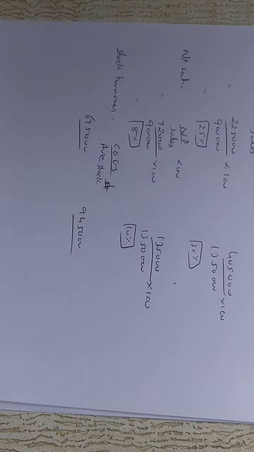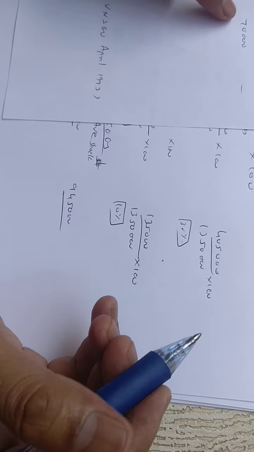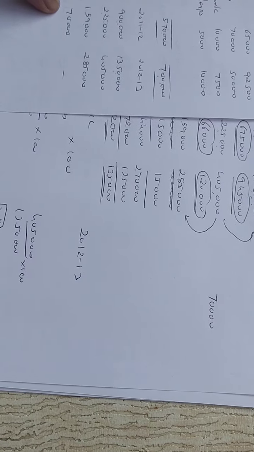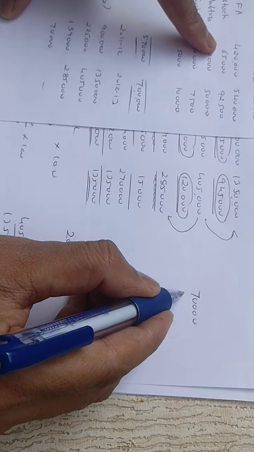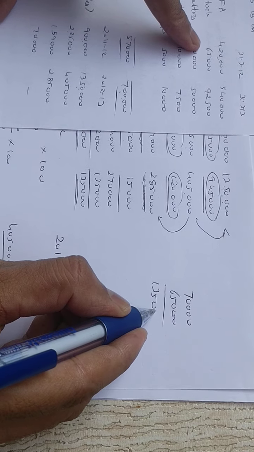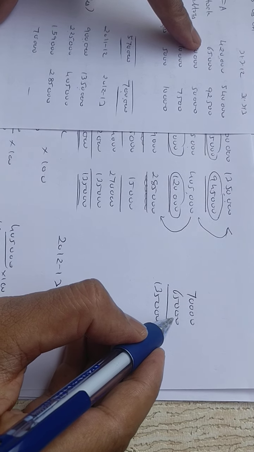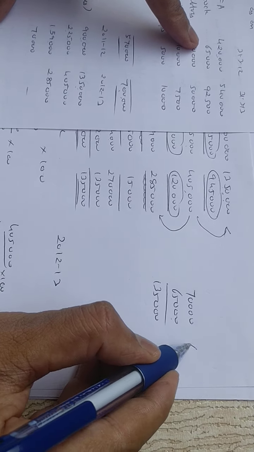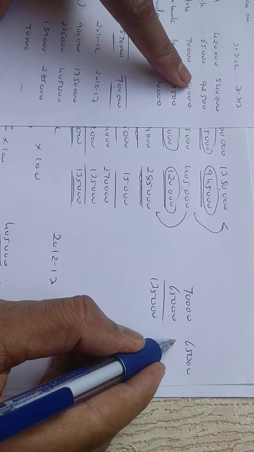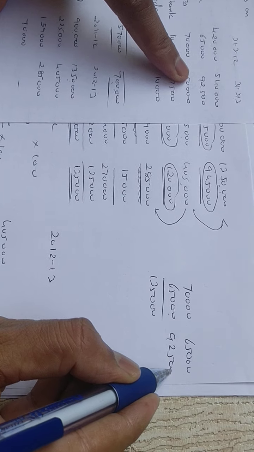And you see in the question, opening stock given for the first year is 70,000. Closing stock given in the balance sheet 65,000. So 1,35,000. Closing of first year becomes opening of second year, 65, and closing of second year 92,500.